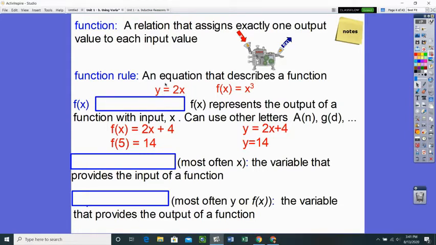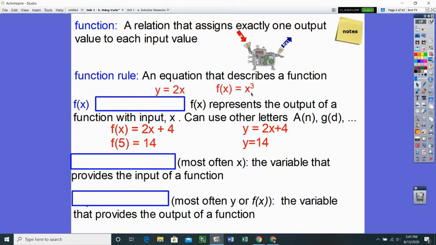So basically what this function rule, what this machine would do, is we're going to put in a number for x. So we're going to take 2 times, pick a number, let's say 8. 2 times 8, and the output would be 16. So 8 would go into the function, which is to double it, to multiply it by 2, and 16 would come out of the function. So this function rule is basically taking your input and multiplying it by 2.